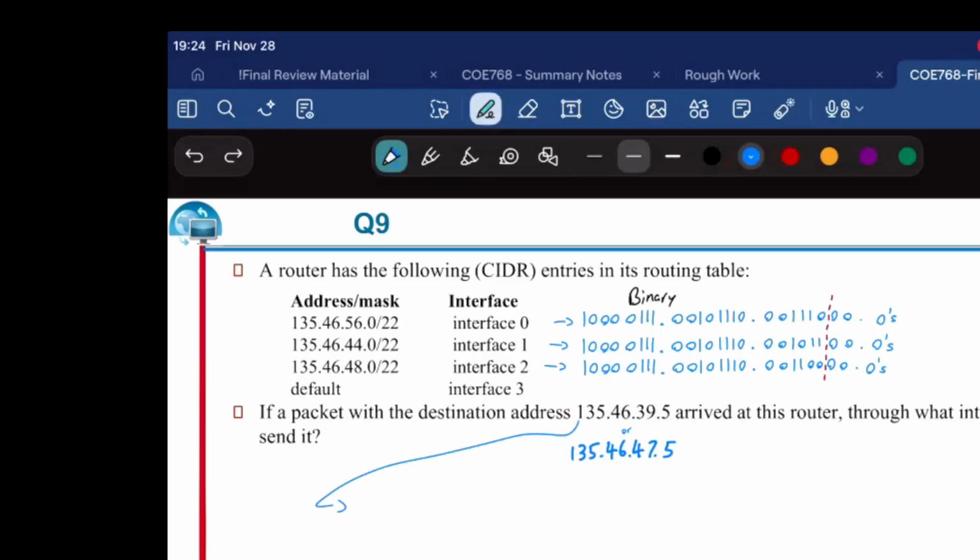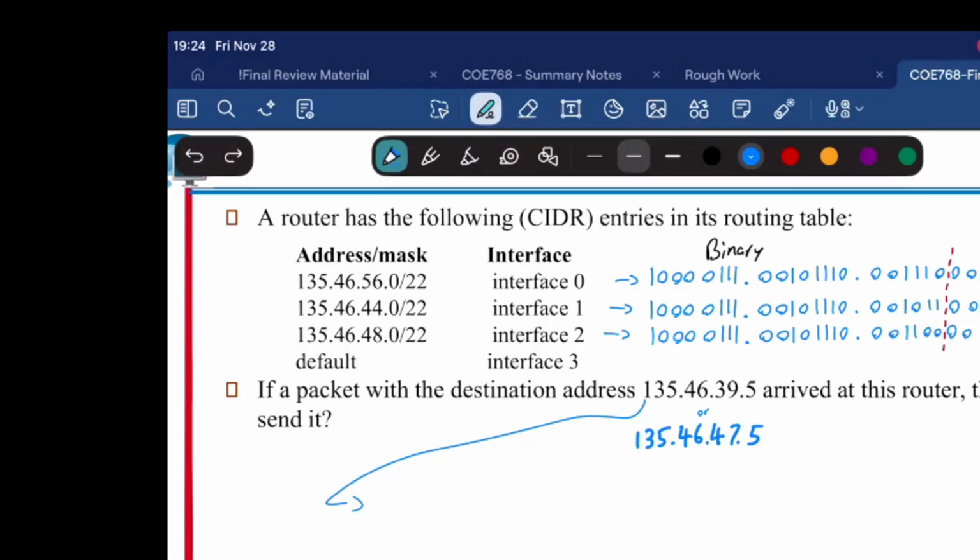Yeah, sorry. So we would convert this into binary. Let me just convert real quick. I don't have it written down.